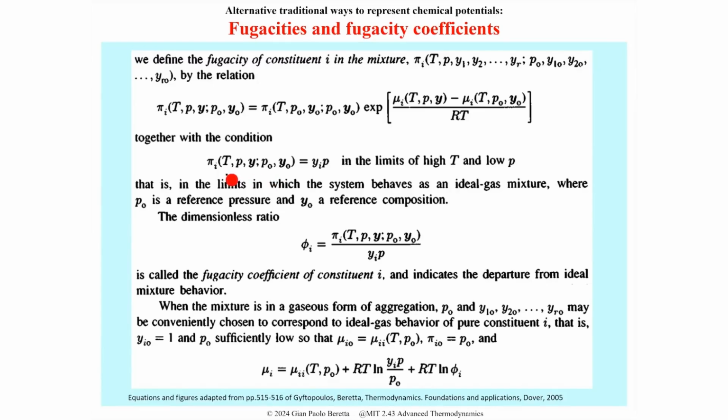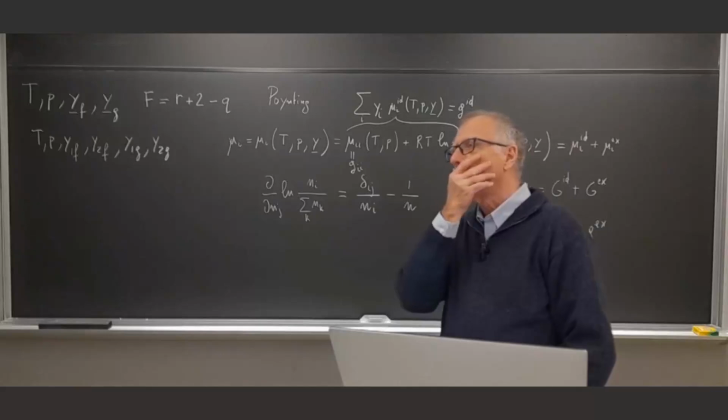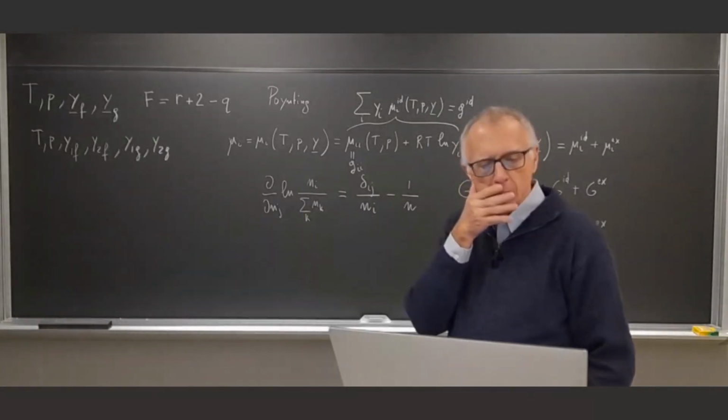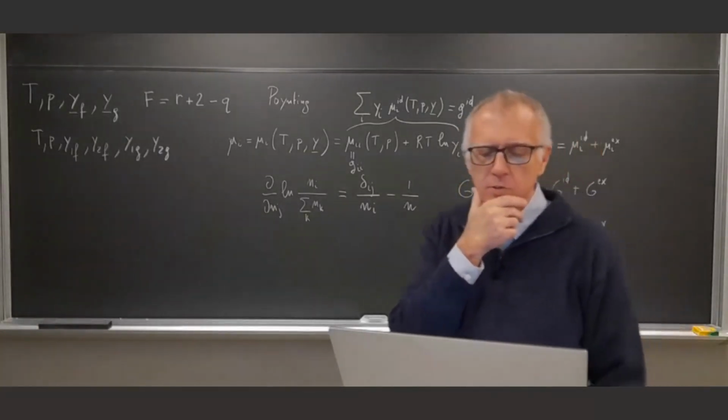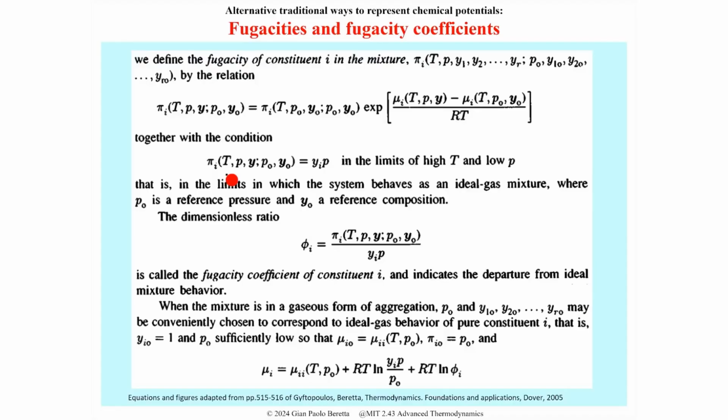So fugacities play the role of sort of a generalized partial pressures. But the idea is that here you define, you see these relations that start from this relation here.